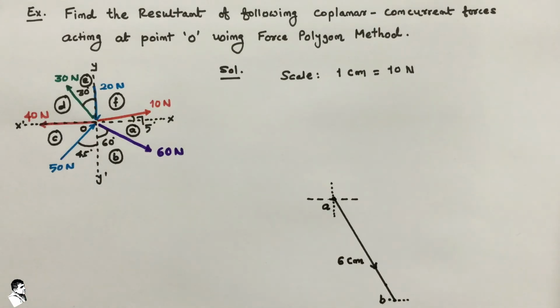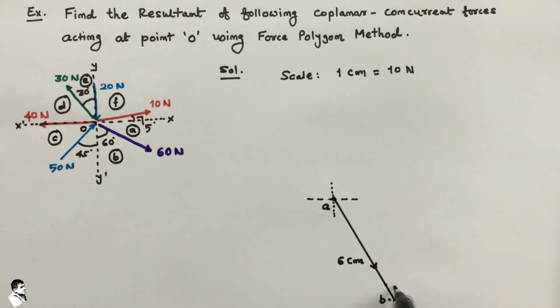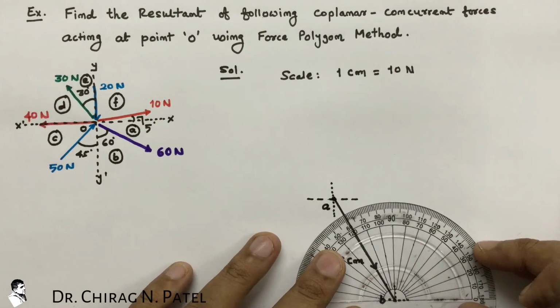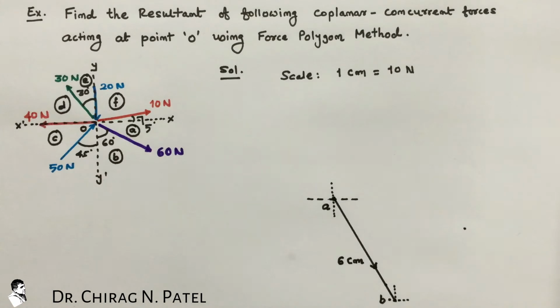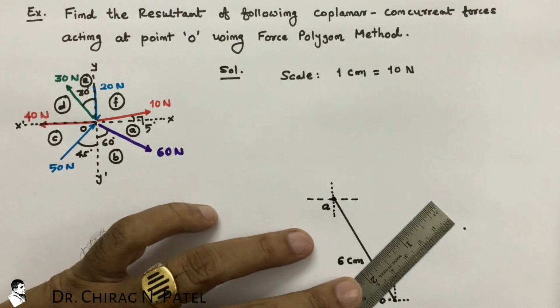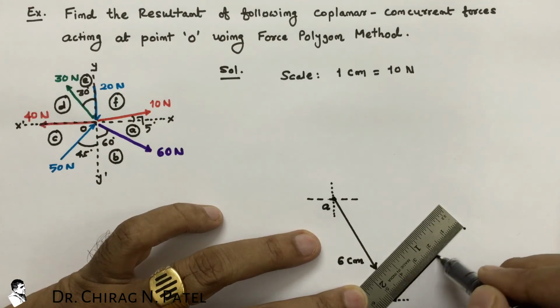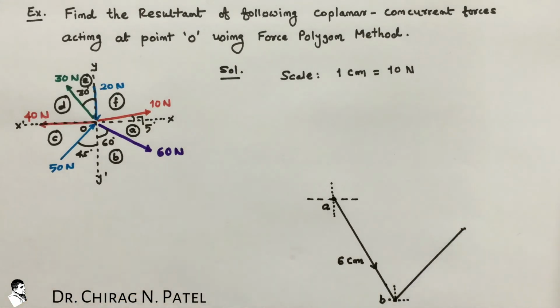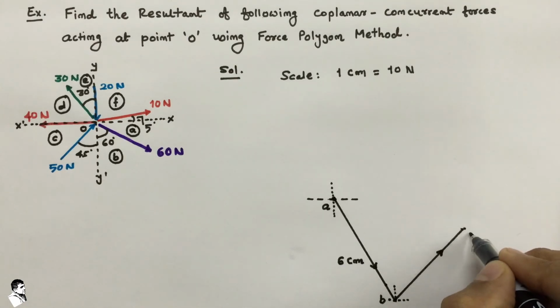With the vertical drawn here, we take 45 degrees as the angle, and considering the actual length of the 50 Newton force, that is 5 centimeters. So we draw a second line of 5 centimeters, and that is our second force, stopping at point C.